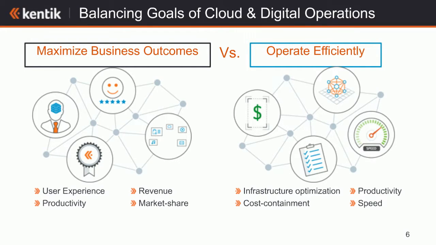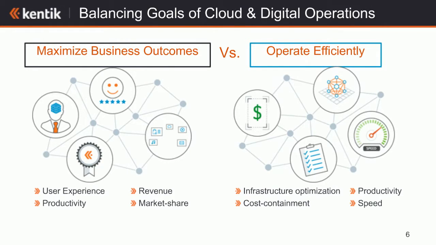On the other hand, the operations guys and the engineering guys in the technology team need to figure out how to do this while operating efficiently. They have to look at cost containment. They have to look at optimizing what they have in place, and they've got to be quick. So these two need to be both watched, and they will drive these sorts of objectives.